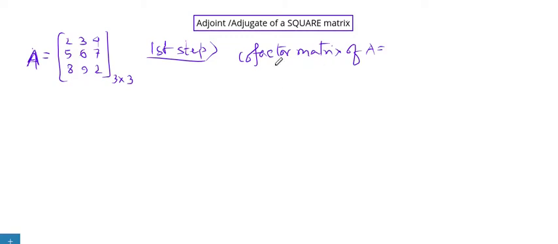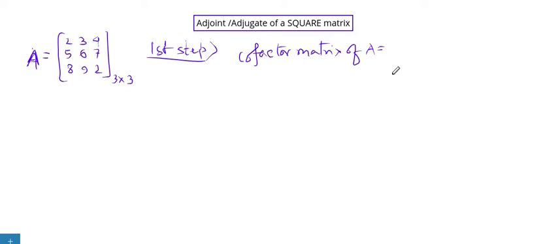Cofactor matrix means the matrix which is obtained by replacing every element of A, suppose 2, by its cofactor.